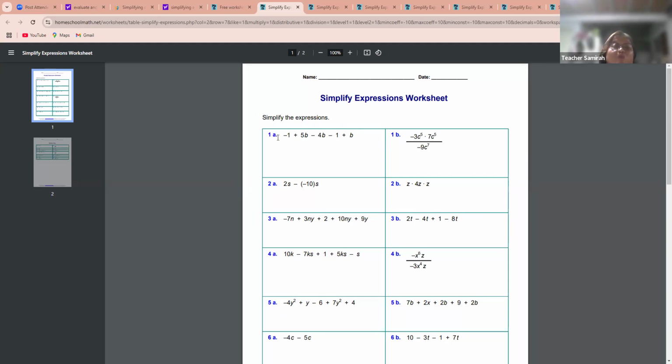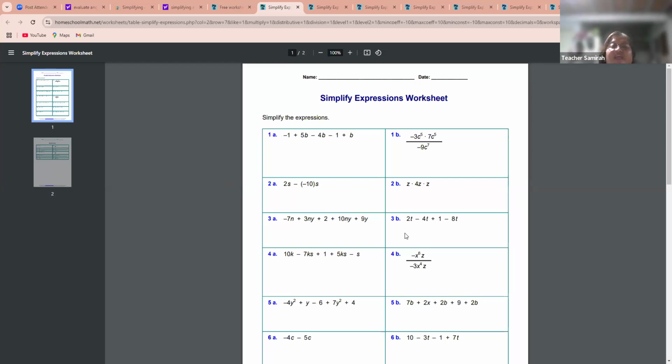Look at this, for 1A. What is the algebraic expression? Negative 1 plus 5b minus 4b minus 1 plus b.